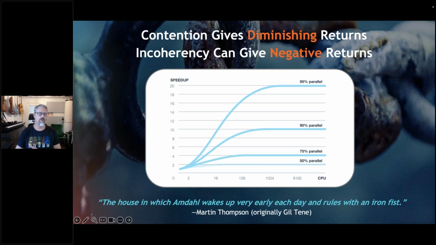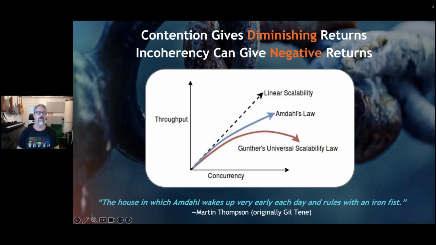But this is not all of the truth. The whole truth is actually explained through what is called the universal scalability law, that adds coherency to the problem. And when you add coherency, meaning the delay for data to become consistent, you can actually end up with negative results. As you add more resources, meaning more concurrency to the system, the throughput actually decreases.